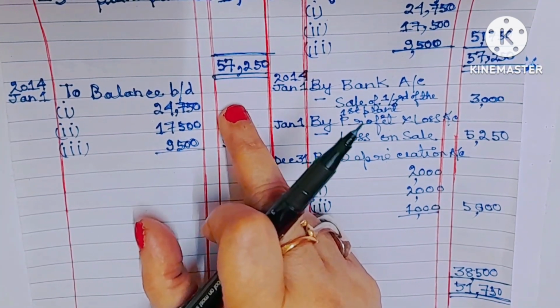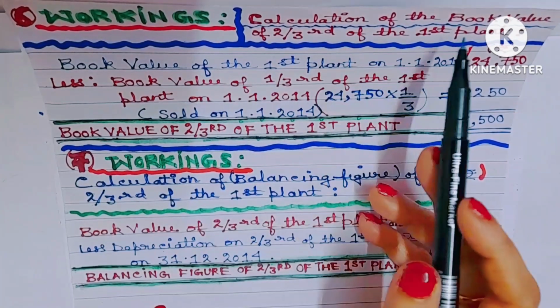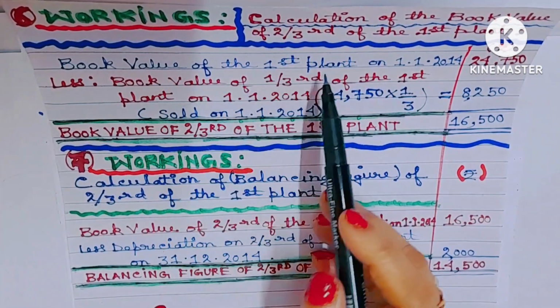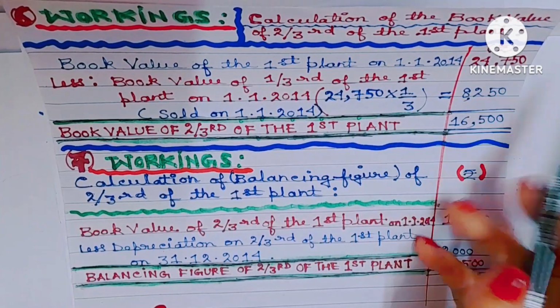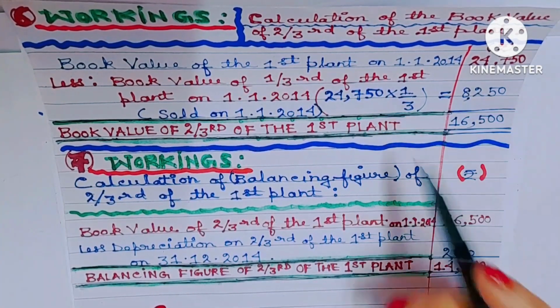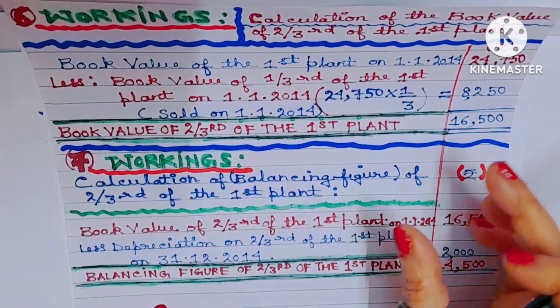Okay, let me show you the workings. Workings number 6. Calculation of the book value of 2/3 of the first plant. Book value of the first plant on 1/1/2014 is 24,750. This is the book value of the whole plant on 1st January 2014. But we need 2/3 of the first plant.